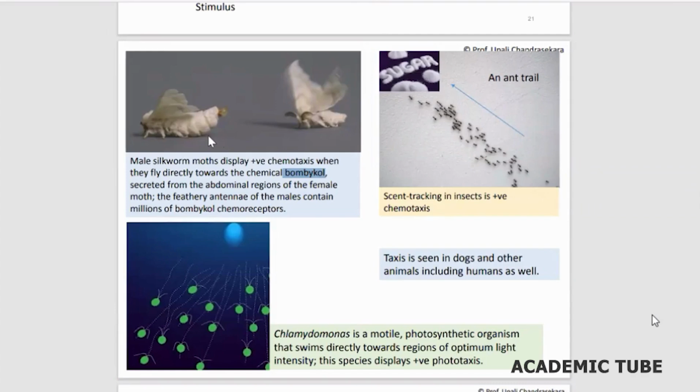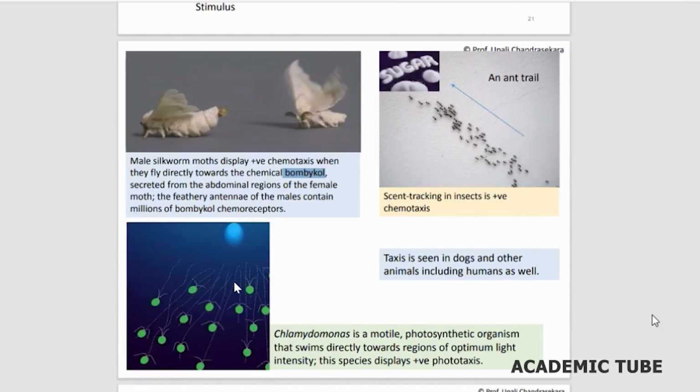Right? Now, this is a volatile substance. Since it is volatile, it is dispersed into the air and carried over vast stretches, perhaps 2-3 kilometers away.